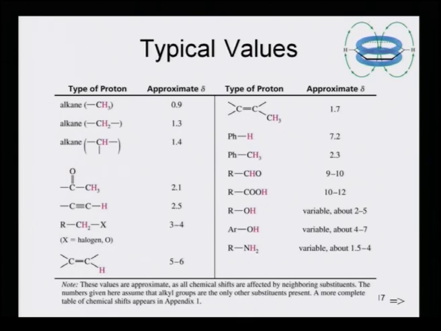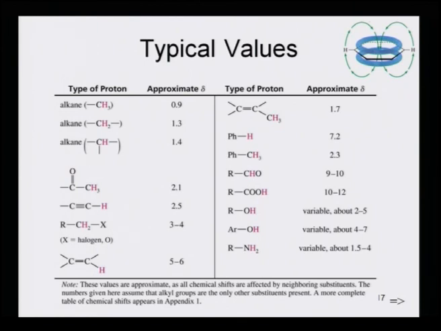If the alkane is substituted further, it will appear at 1.4 and so on. Similarly, if you have a carbonyl attached to an alkyl and that alkyl is under study, it will appear at a delta value of 2.1, and if it is an acetylenic proton, it will appear at 2.5.